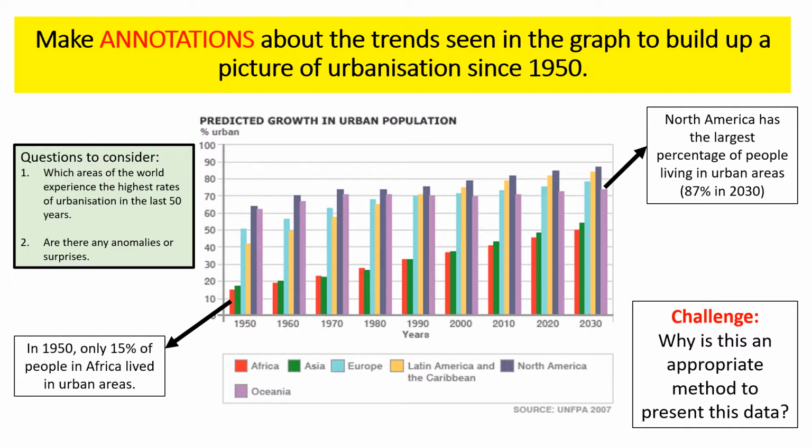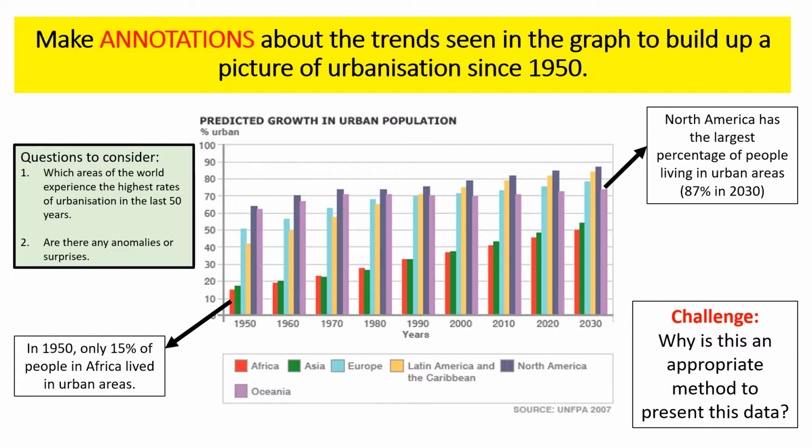But Africa and Asia are going to experience vast amounts of urbanization, and by 2030, in fact, the major trend is that most regions of the world will have urban populations of over 50%, which is incredible. So that's an important trend.